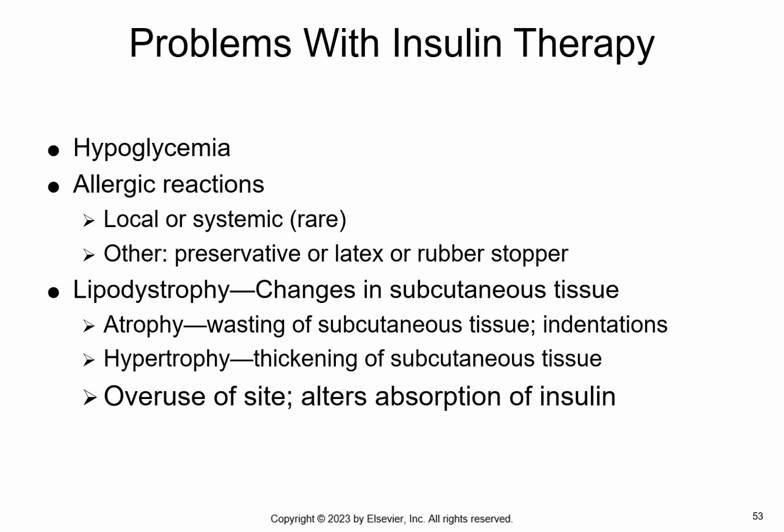They may be self-limiting within 1 to 3 months, or they may improve with a low dose of antihistamines. A true insulin allergy is, as I said, rare. It is manifested by a systemic response with urticaria and possibly anaphylactic shock. Preservatives in the insulin and latex or rubber stoppers on the valve have caused allergic reactions.